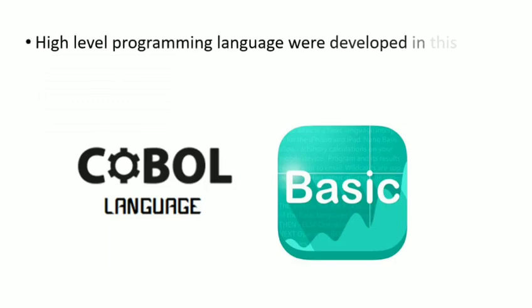High level programming languages were developed in this generation, like COBOL and BASIC. As we have languages like English and Hindi, a computer also has a language. As we know, a computer understands only binary language, but that is difficult for a human to understand because it is in the format of 0 and 1.